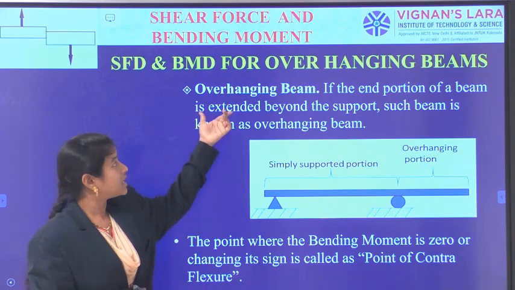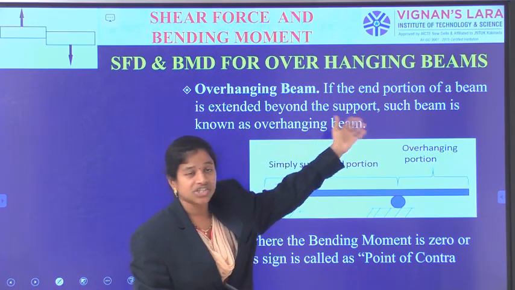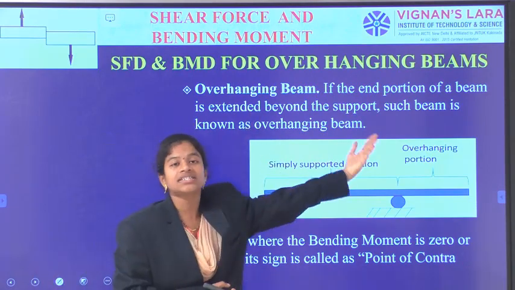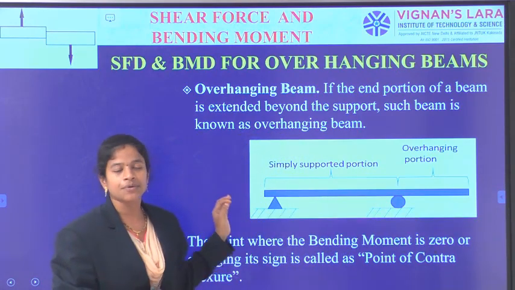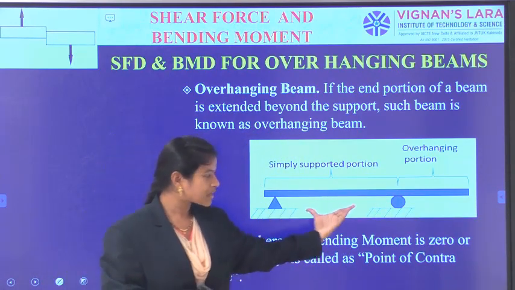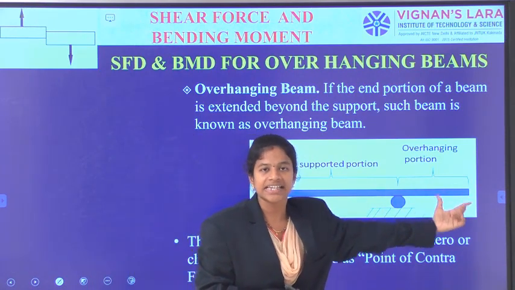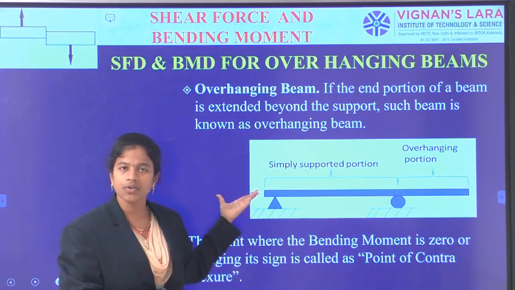So the overhanging beam is nothing but a beam in which the end portion is extended beyond the support. If the end portion is extended beyond the support of a beam, such a beam is called an overhanging beam. Here we can observe a simply supported beam with one side extended with an overhanging portion, and on the left side also you can observe the overhanging.